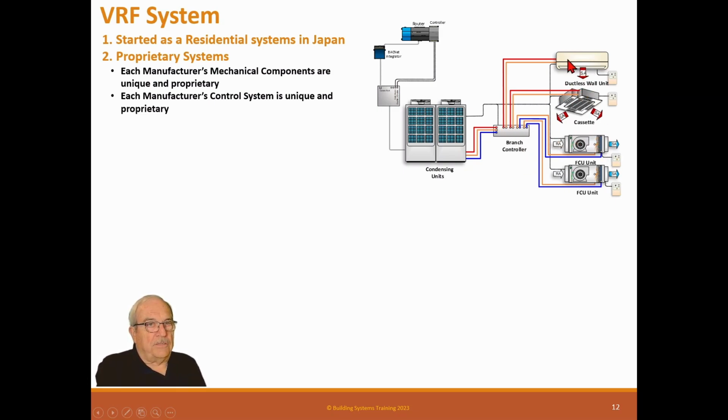If this needs heating, this box will divert hot gas, and the hot gas and the suction line will go there. But if this needs cooling, it'll put the liquid line and the suction line. So this could be in heating, this could be in cooling. That's what's different than that VVT system I showed you, which can't do that.